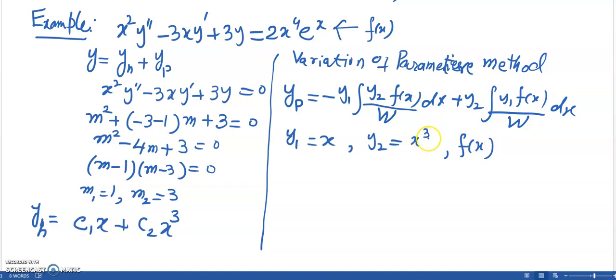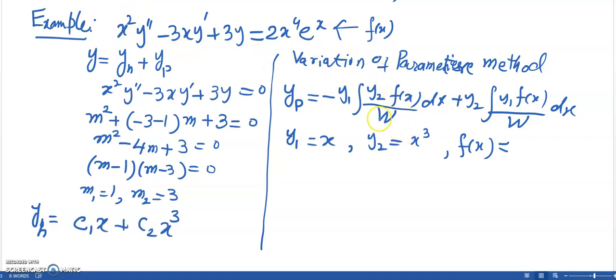Here I think we should be careful. For the homogeneous solution we don't have to divide this equation by x squared, but the variation of parameters method takes the coefficient of y double prime as 1, so the equation should be in the standard form.